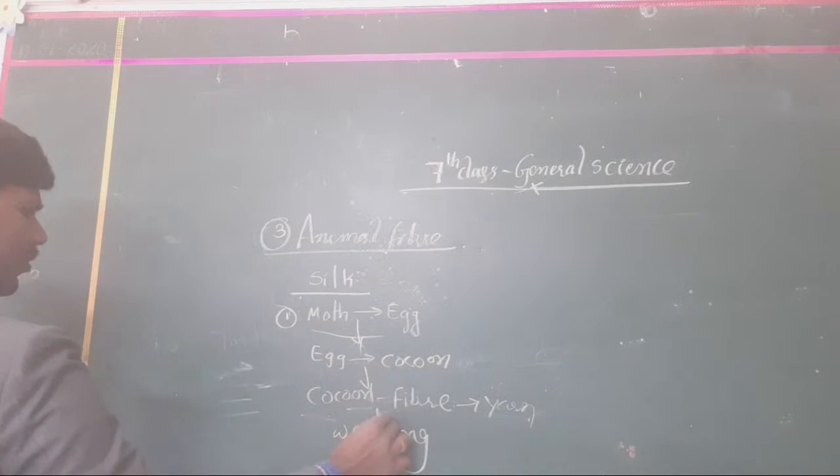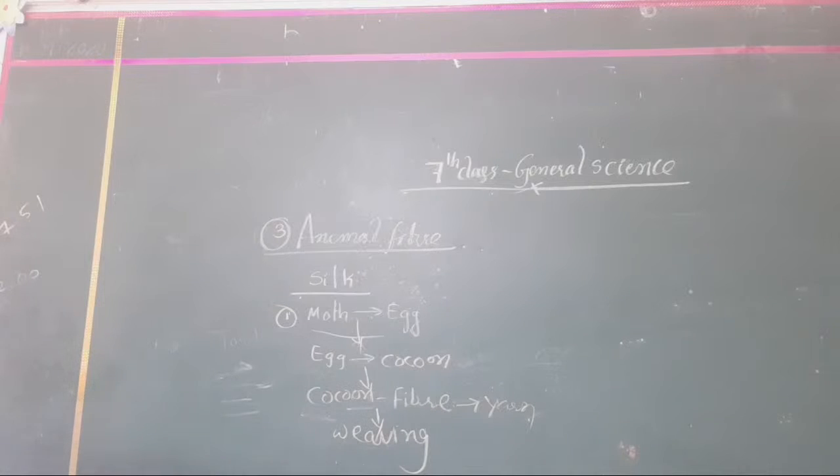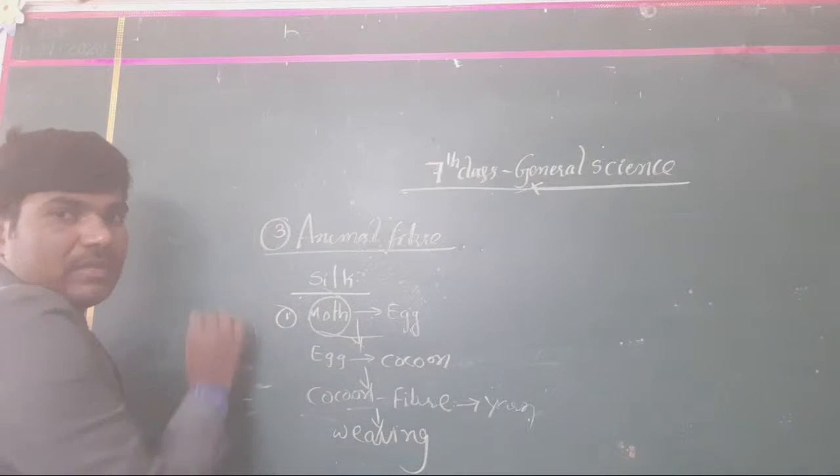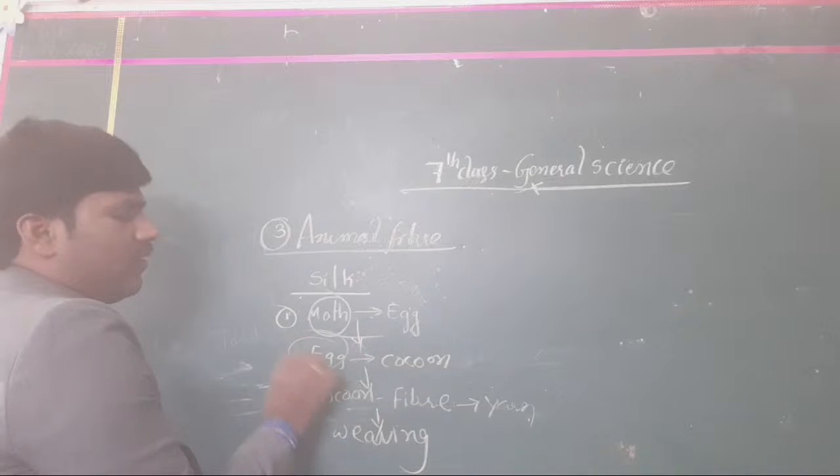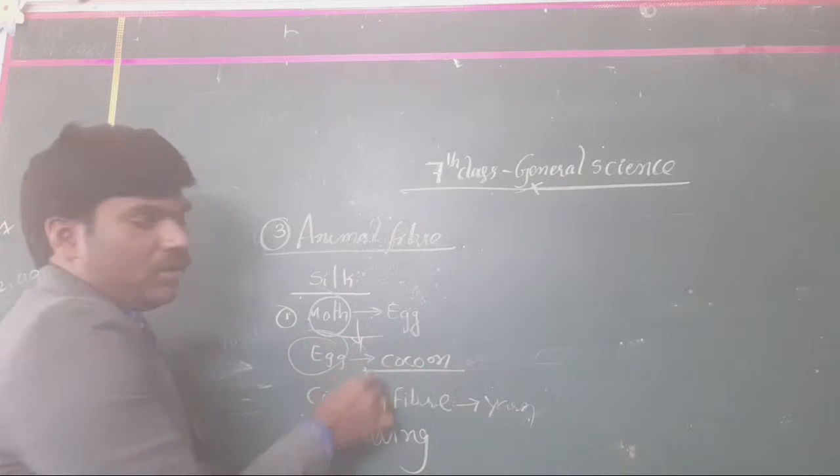Now, how silk is formed for us, that is what we are going to discuss. First, the moth produces the egg, and the egg is converted into a cocoon.